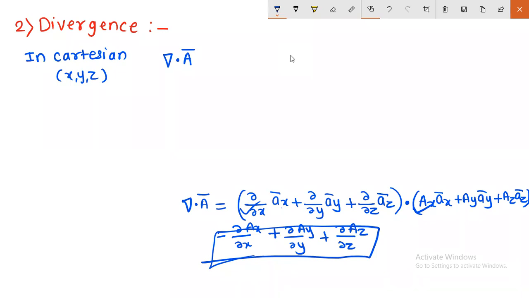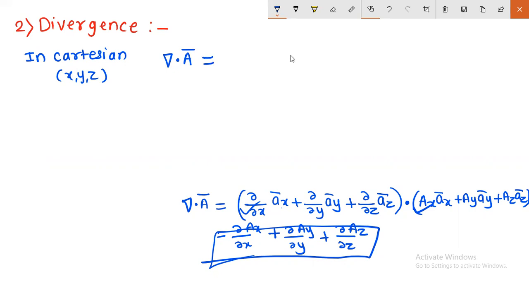Then we have seen gradient. This gradient means we are operating that del with a scalar quantity, so its output is always a vector quantity, right? But this divergence is always a scalar quantity.